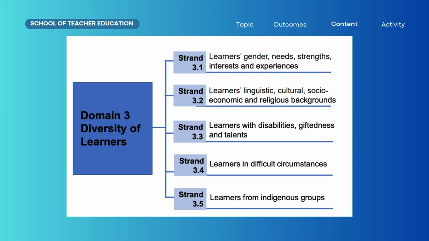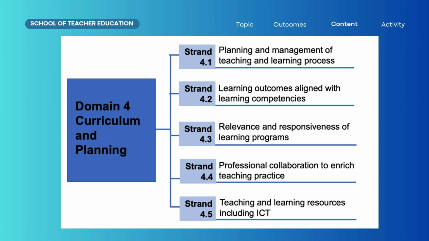For domain three, we have the diversity of learners. Here we need to consider the learners' gender needs, strength, interests, and experiences, also their linguistic, cultural, socioeconomic, and religious background, including learners with disability, giftedness, and talents, also those with difficult circumstances, and from indigenous groups.